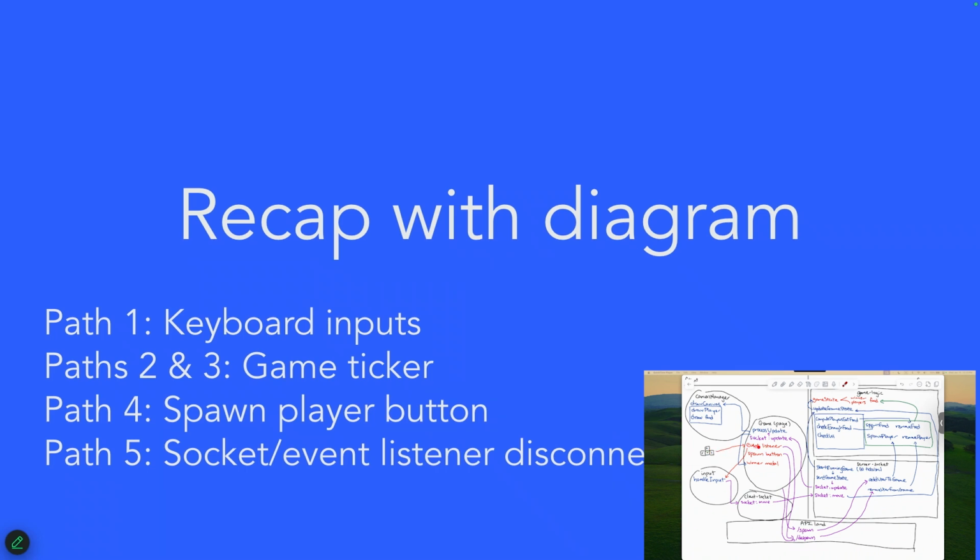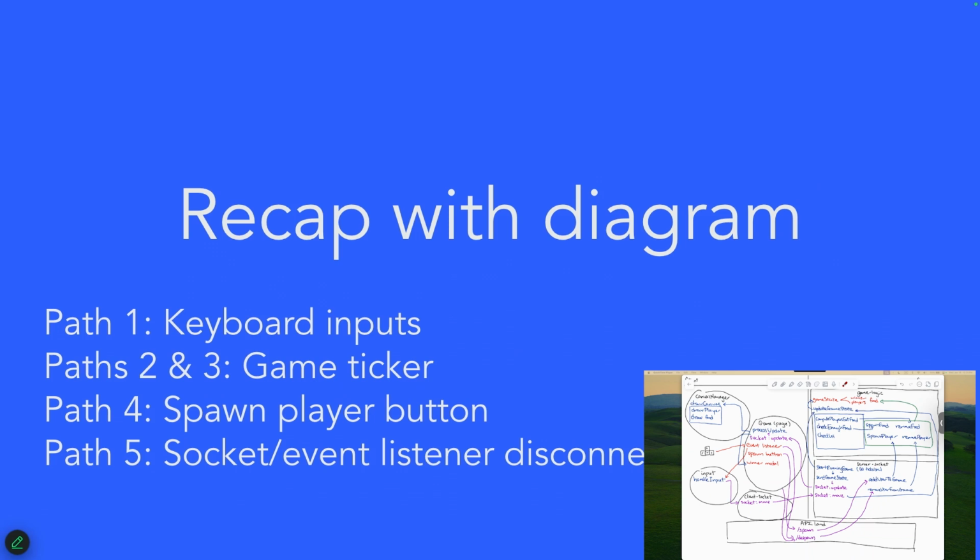We'll activate the event listener on the game page, which will call this handle input function, which will call the socket emit function on the client, which will send a message to the server across the move channel. And then finally, the server, with that message, will update the game state. So that's the first path that we made.